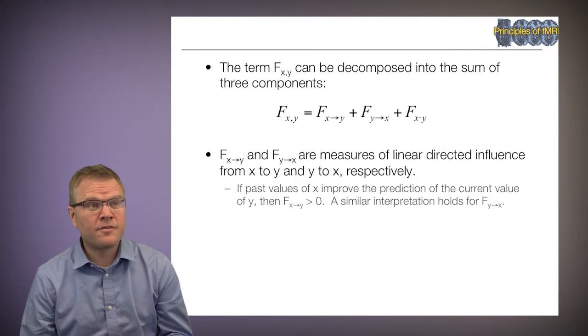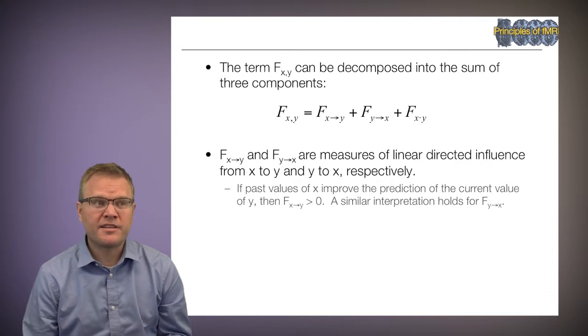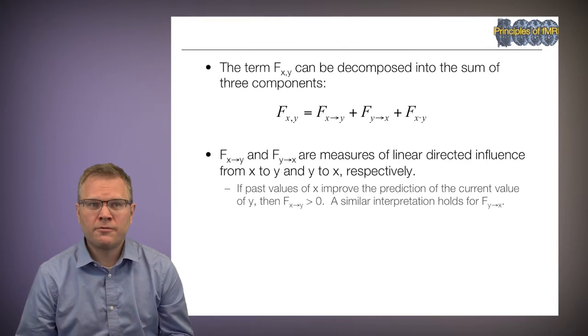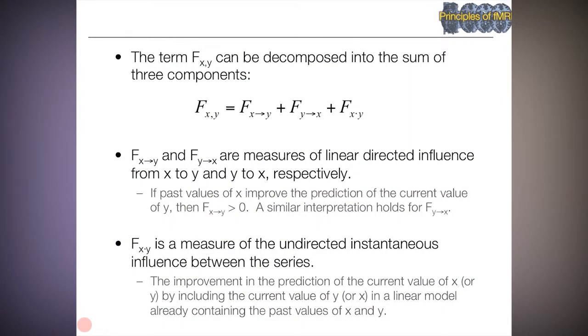So if past values of x improve the prediction of the current value of y, then f of x to y is greater than 0. A similar interpretation holds for f of y to x. The term f of x dot y is a measure of the undirected instantaneous influence between the two series: the improvement in the prediction of the current value of x by including the current value of y in a linear model already containing the past values of x and y.